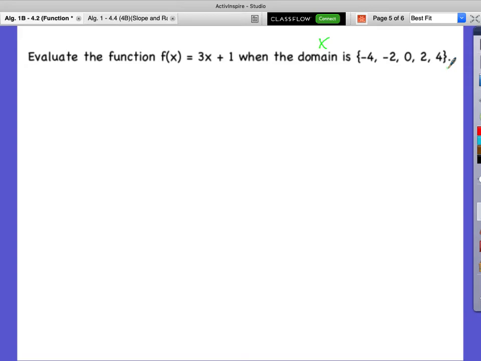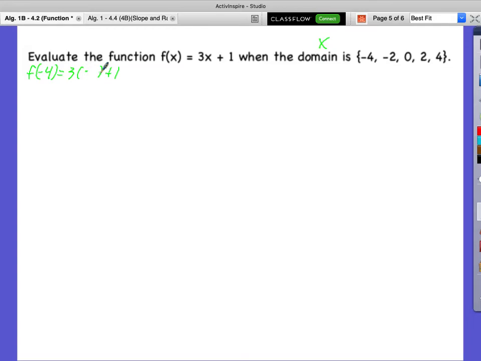So how many different times are we going to plug things in? 1, 2, 3, 4, 5. 5 times, okay? So we're doing 5 separate substitutions. So the first one we do, we'd say f of negative 4 is equal to 3 times what plus 1? If I start with the first x, what am I plugging in for x in this problem?